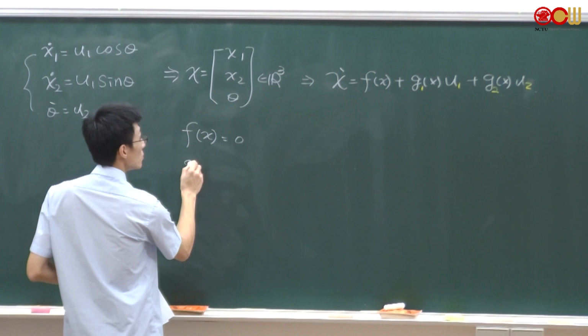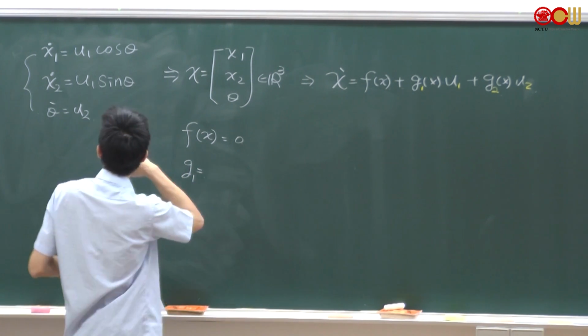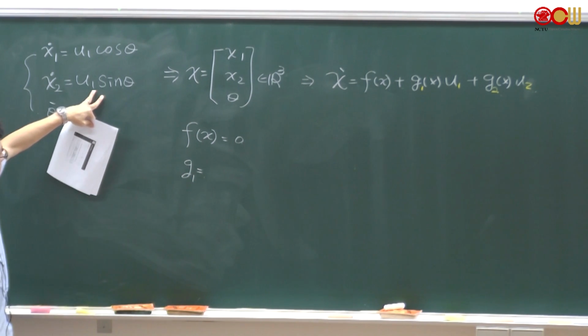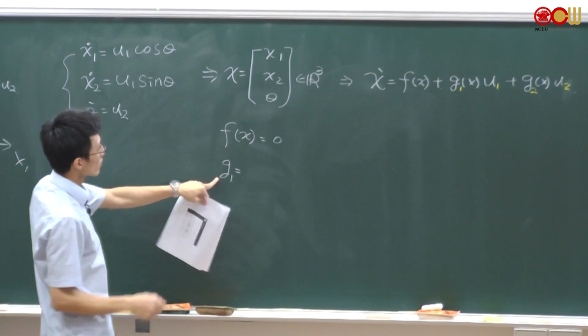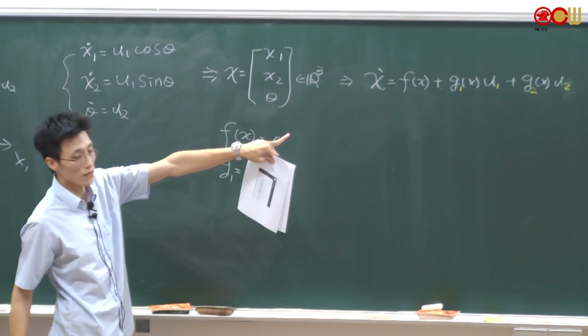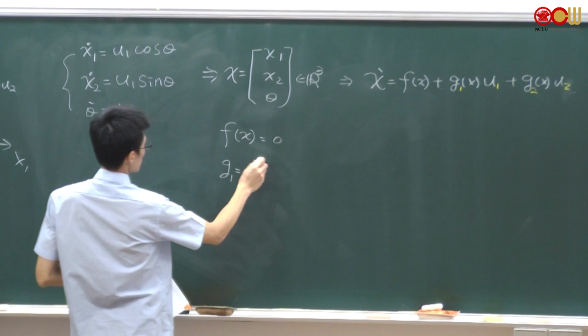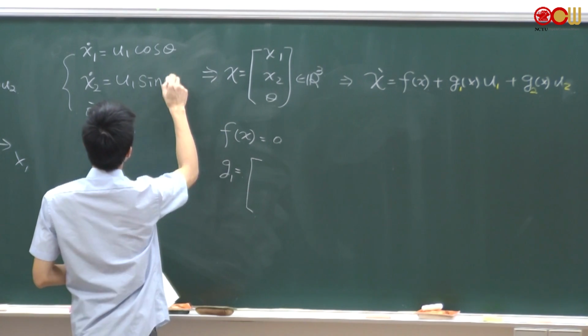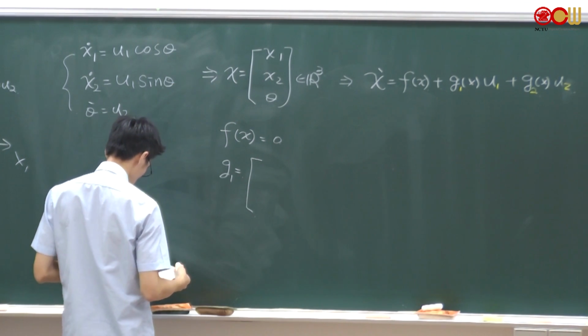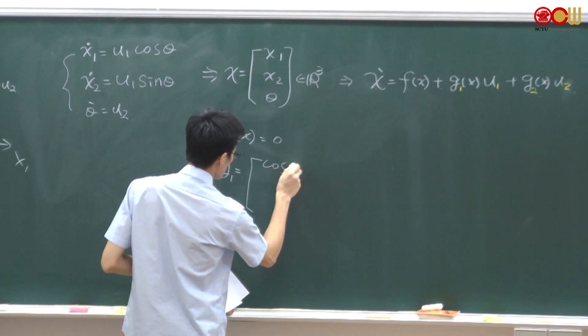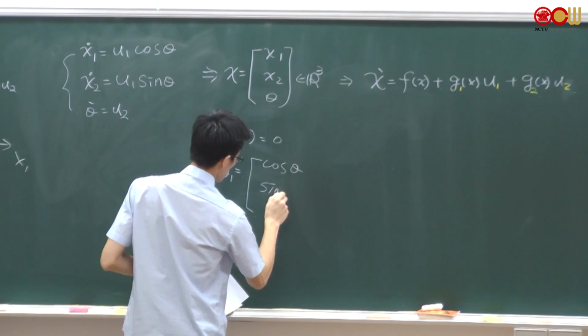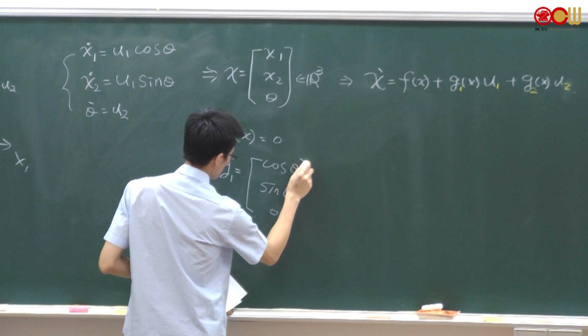What is G1? G1 is the coefficient of U1, the first control input, which will be cosine theta, sine theta, 0.